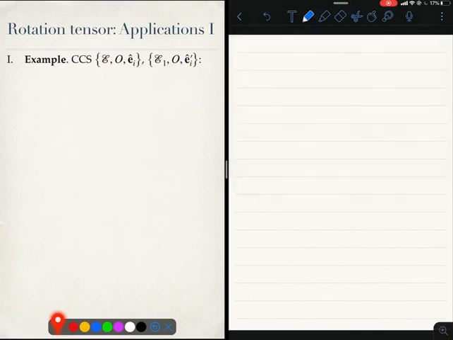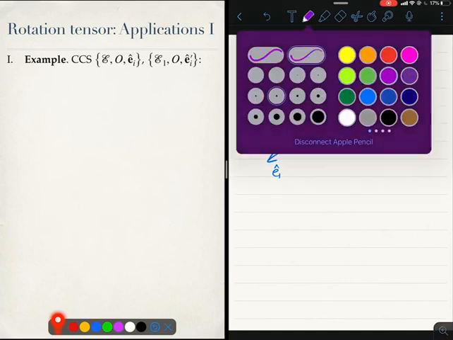Let me try and draw them over here. So here is my first coordinate system, E1, E2, E3, and the other one I'll draw in a different color.